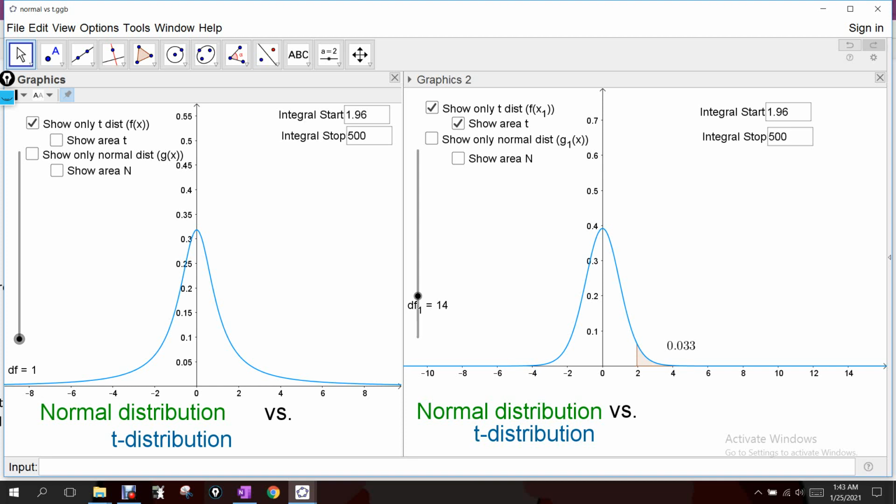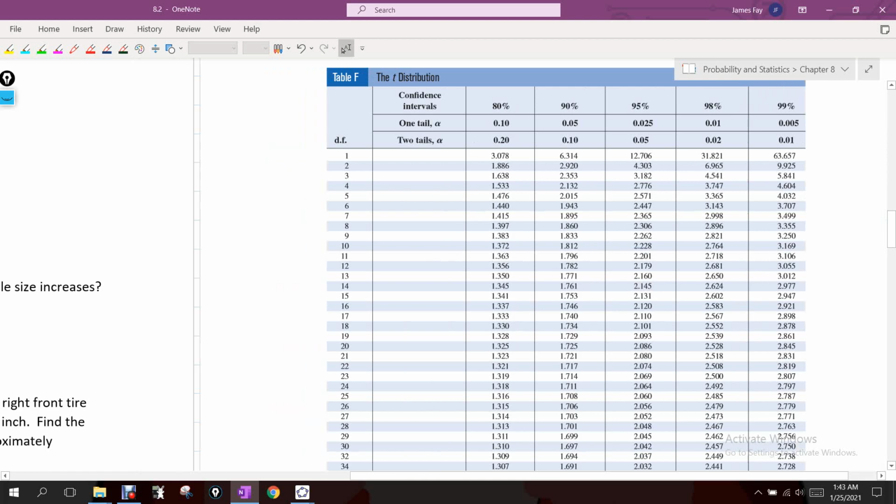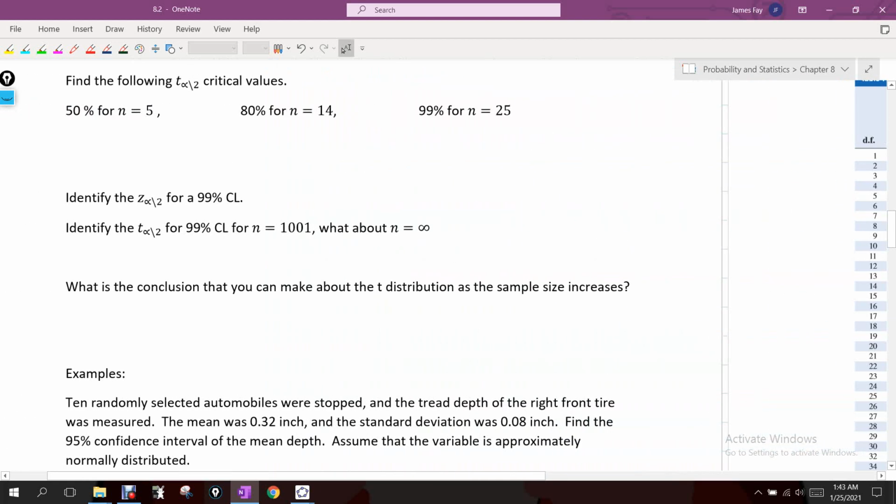If I want 95% and I'm using a degree of freedom of 14, I find the 14, go straight across, and pluck off this 2.145.